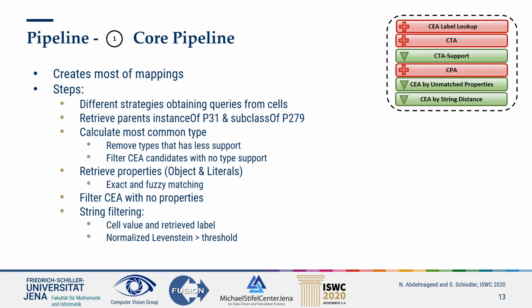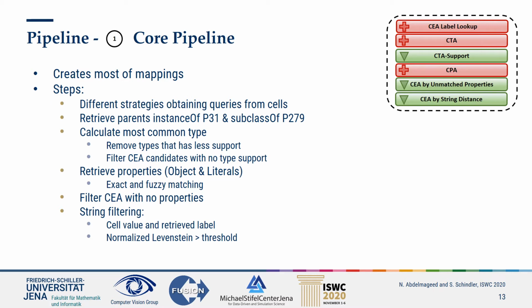The first group represents our core pipeline. It creates most of the mappings for the three tasks. The first step tries to look up a given cell value using Wikidata labels. It relies only on cell values with no consideration of any semantic context. In create CTA, we retrieve semantic types of the column, like for example Q31 and Q279.